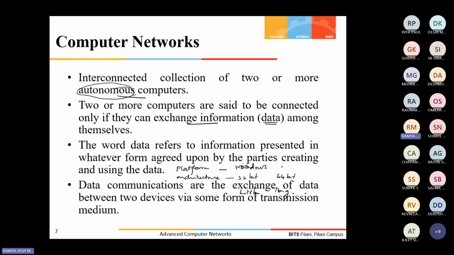So they need to follow a common structure in order to exchange information. If the information is to be meaningful, they need to follow a structure. That's the reason interpretation of the data should be meaningful in both systems. For that, both systems need to follow a certain structure. Data communication is nothing but transferring data between devices through any medium, either a wired medium or a wireless medium.